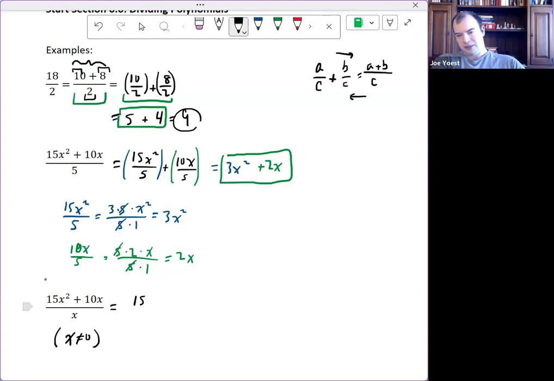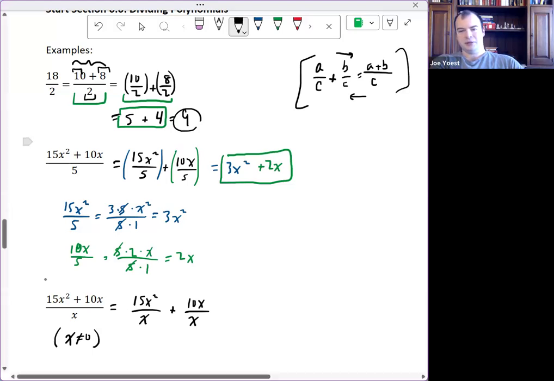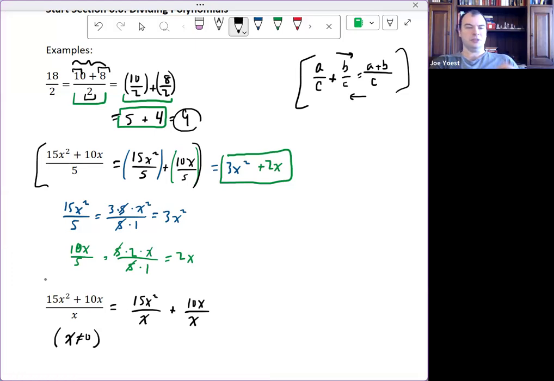So I get 15x squared divided by x plus 10x divided by x. Don't get thrown off by it being a letter instead of a number. It follows exactly the same pattern.